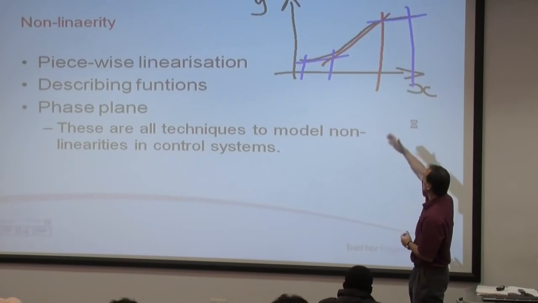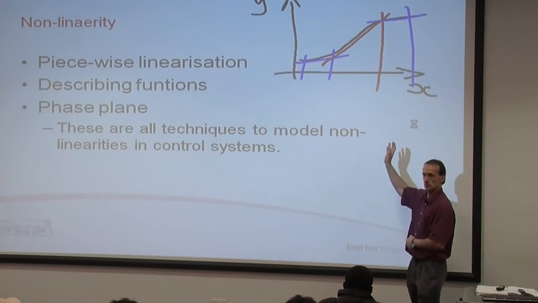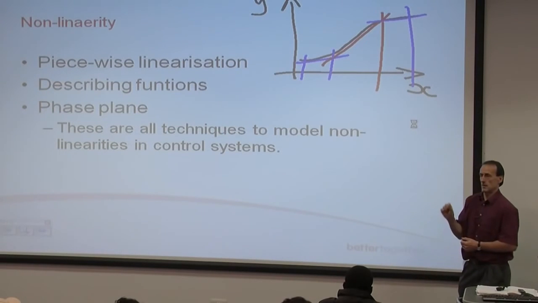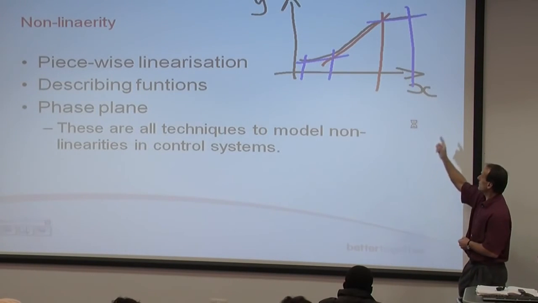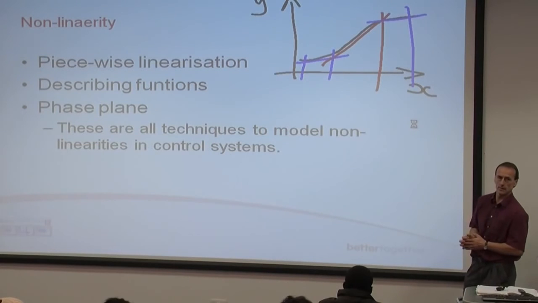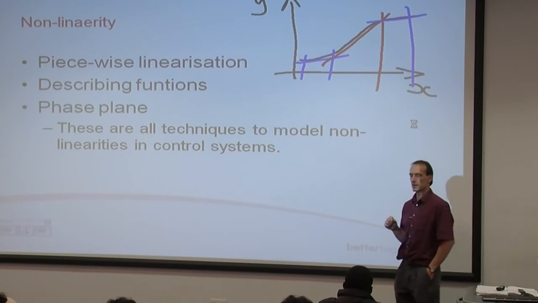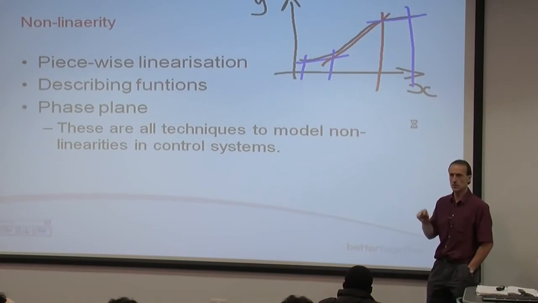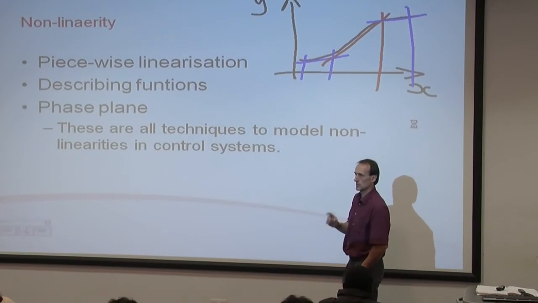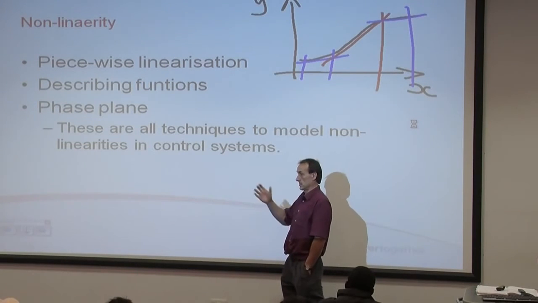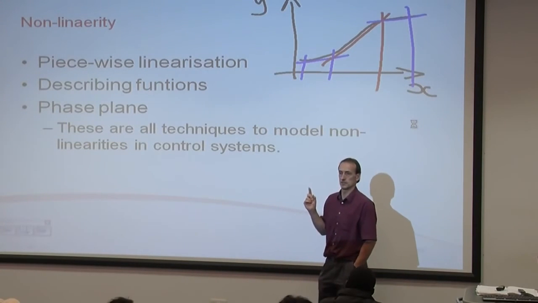Okay, so you get, in this case, 3 different equations describing that thing, and which one you use depends on the value of x. That's actually not as bad as it seems, because a lot of control systems are designed to keep the system in a fixed place.